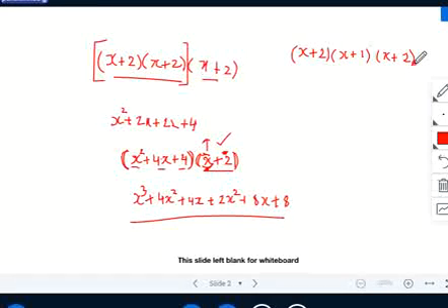And then it will be x cubed plus 2x squared plus 2x squared plus x squared plus 2x.